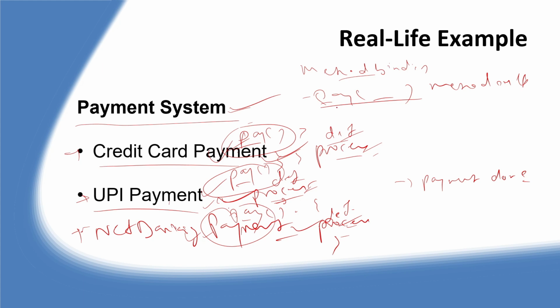In the previous example we saw that the type of object the reference is referring to decides which method gets called, like UPI dot or net banking dot. This reference variable refers to some class object, and that object's class method will get called. This method is present in three different classes. So method binding is happening during runtime. That's why we call it runtime polymorphism.